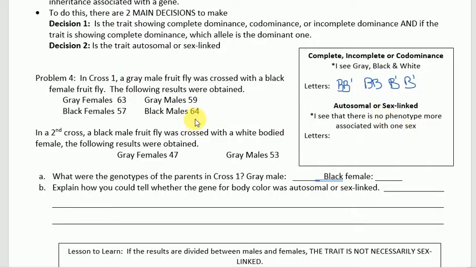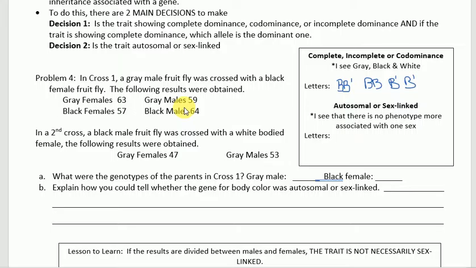And if you look, everything's pretty much equal between the females and the males. So to determine if it's sex-linked or not, you are going to see a huge difference between male and female. So in this case, there is no phenotype more associated with one sex.